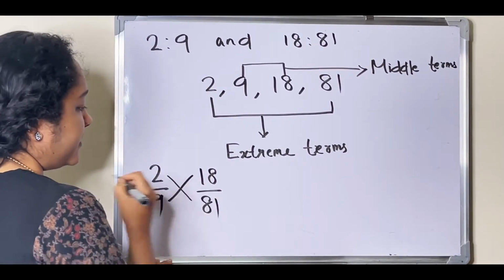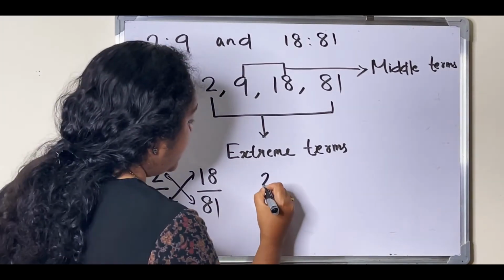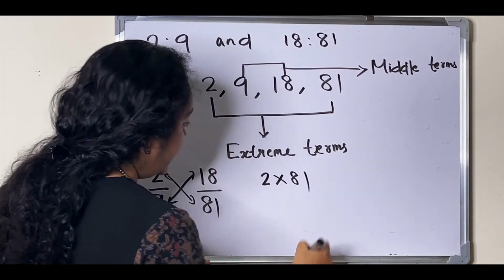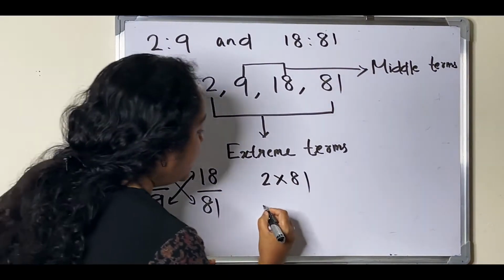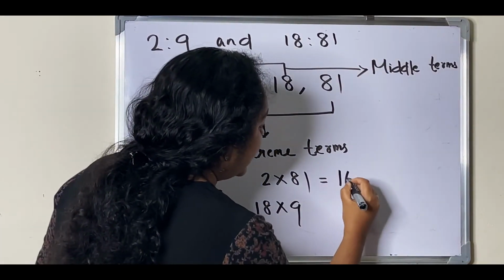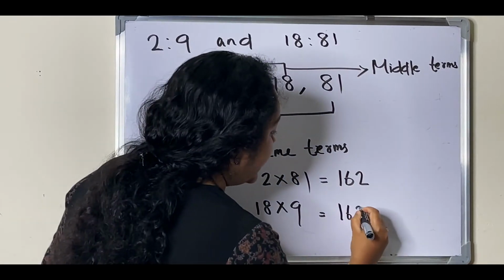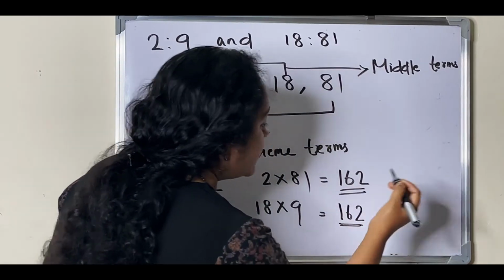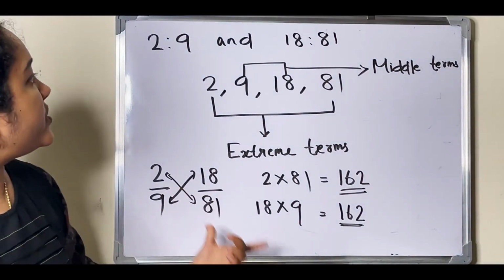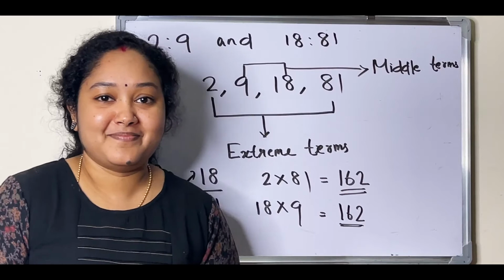Cross multiply. That means 2 into 81 and 18 into 9. 2 into 81 is 162 and 18 into 9 is 162. These two answers are same. So 2:9 and 18:81 are in proportion.